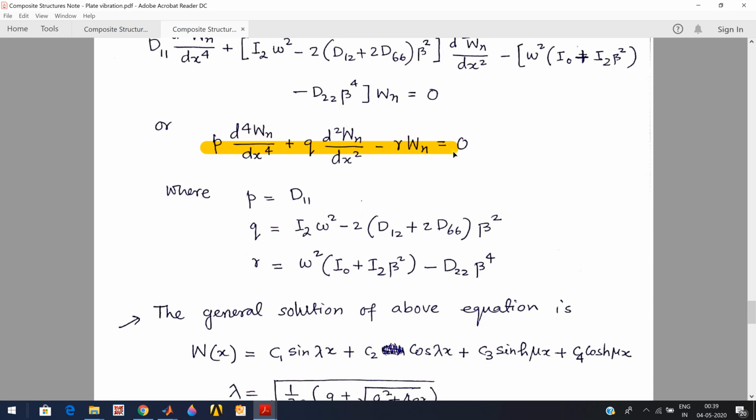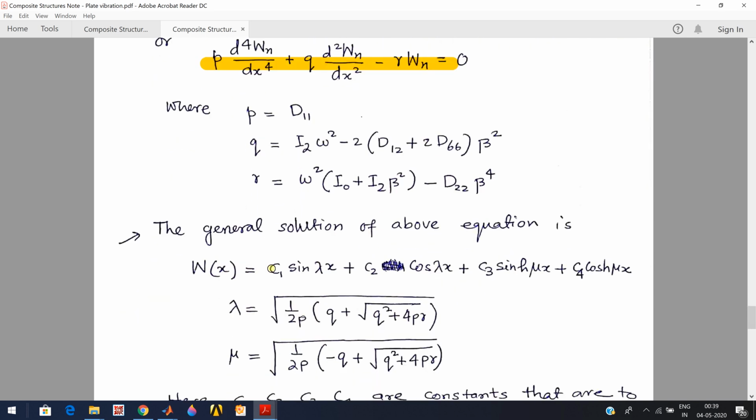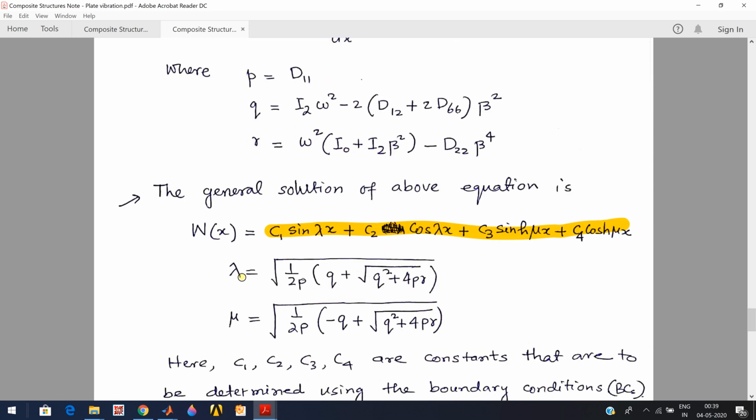And for this differential equation, the general solution will be written in this form. Here lambda and mu will be calculated as this, where p, q and r are defined in this way.